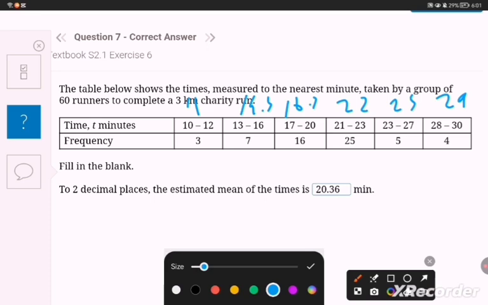So you're going to do 11 times 3, 14.5 times 7, 18.5 times 16, 22 times 25, 25 times 5, 29 times 4, over the total frequency, which is 60, and you should get an estimated mean of 20.36.